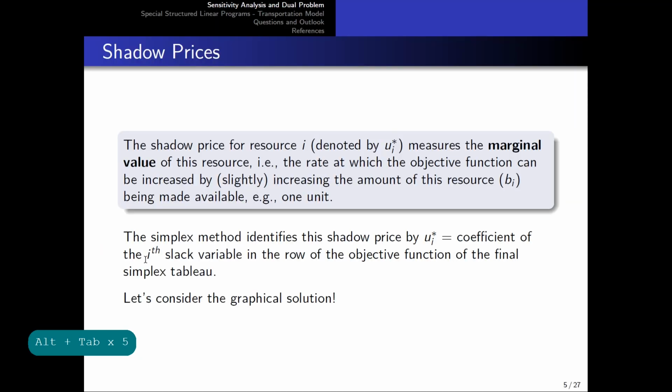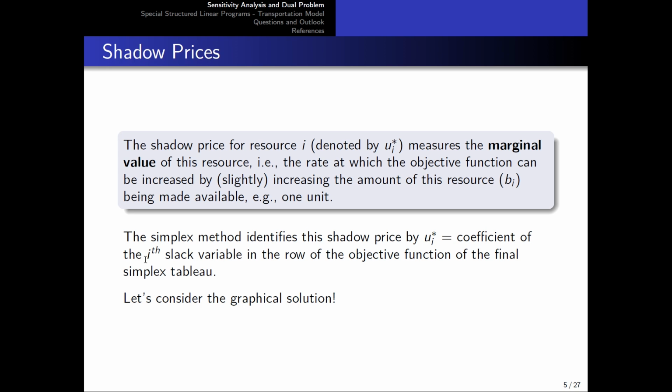The shadow prices of our resources give us the marginal increase of the objective function when we increase this resource by slightly 1 unit.